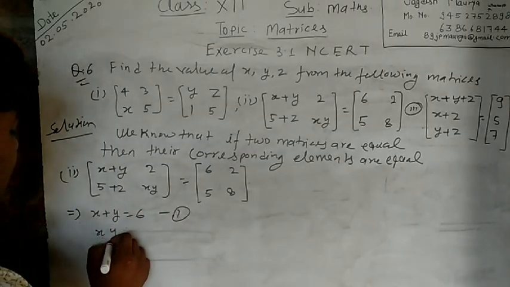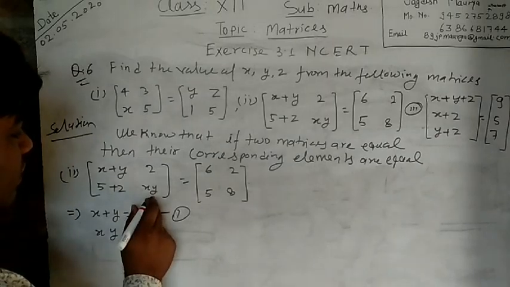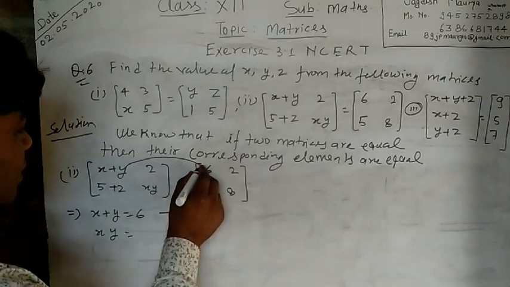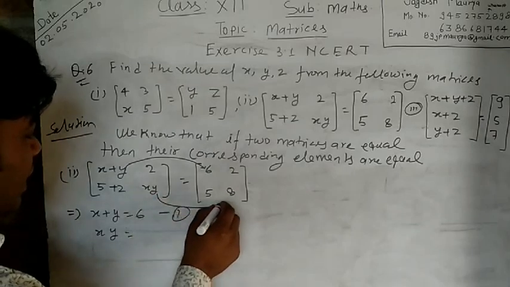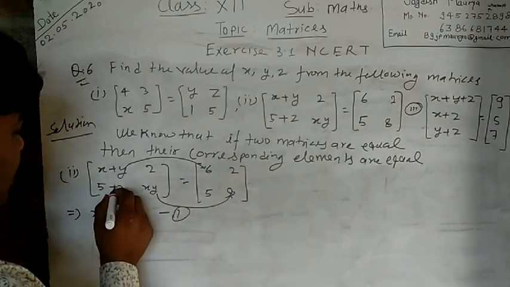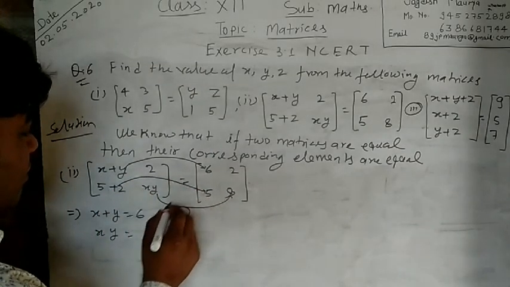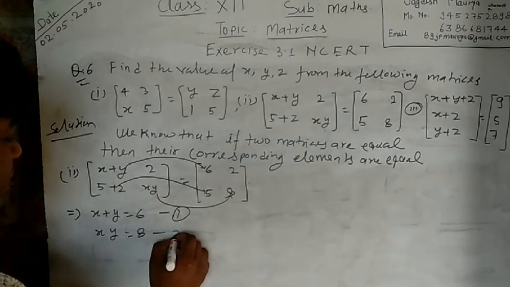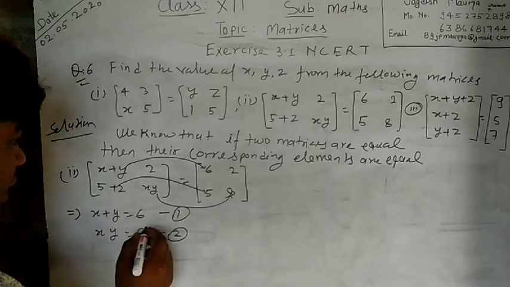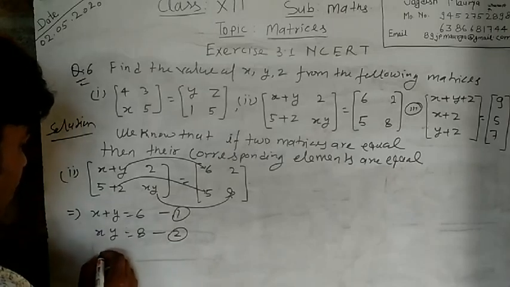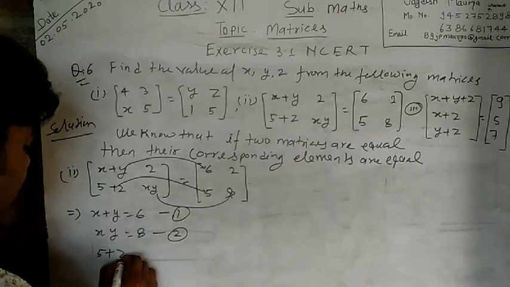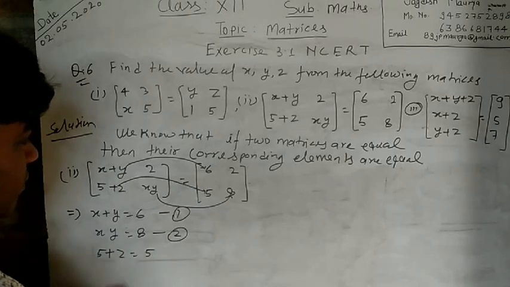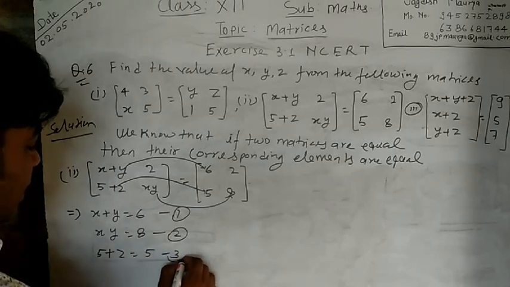And xy equal to 8. This is equation number 2, and 5 plus z equal to 5. This is equation number 3.